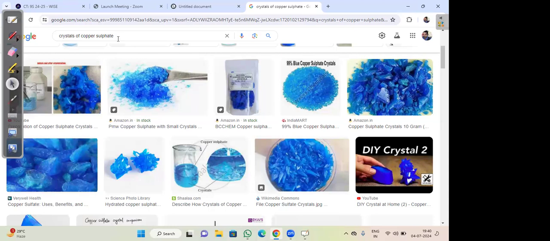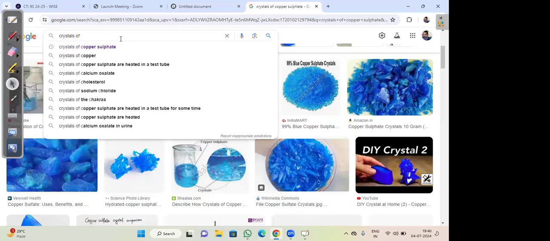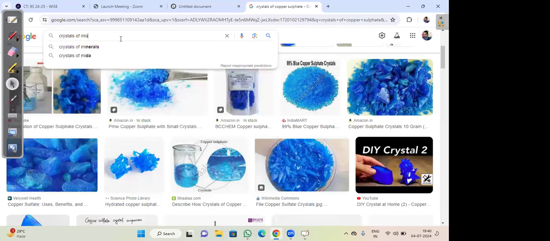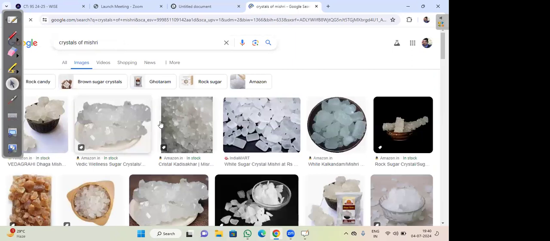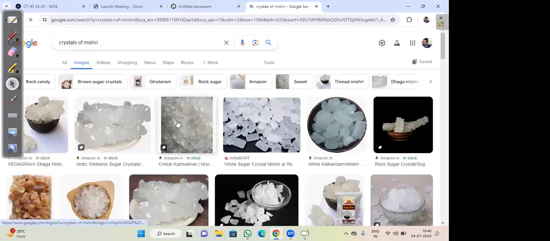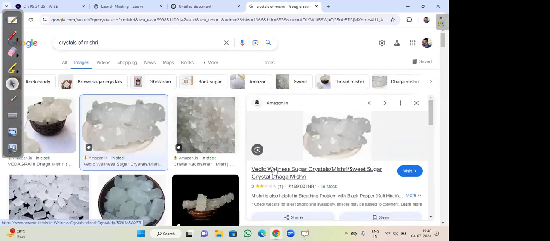Okay. I'll also show you the crystals of mishri. See. Almost everyone has seen this. You must have eaten this also. This is the one which is formed during the process of crystallization.